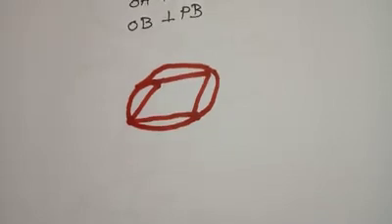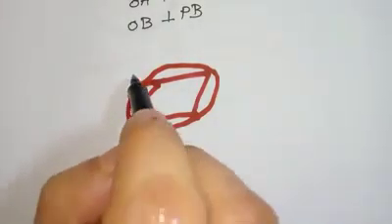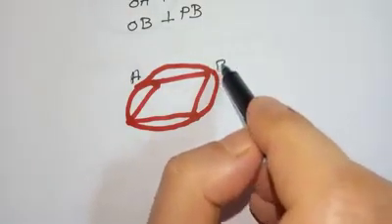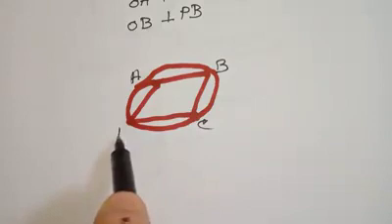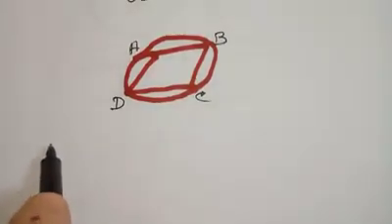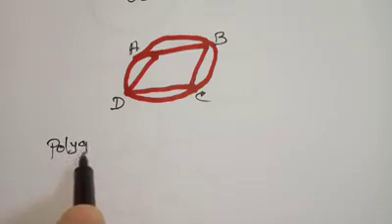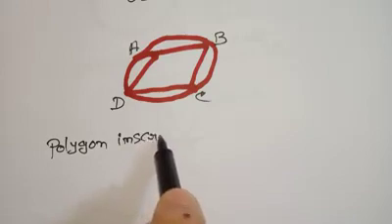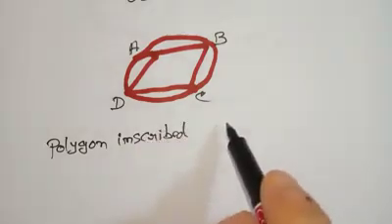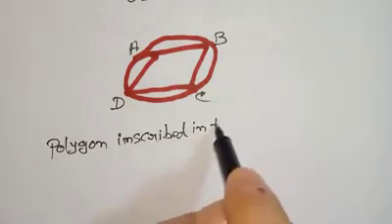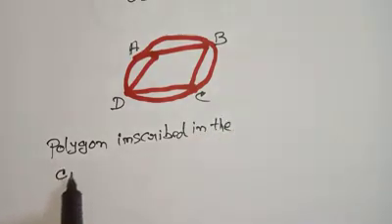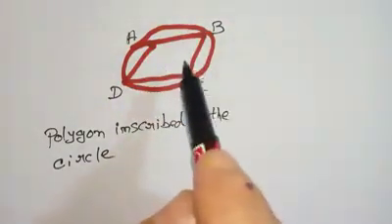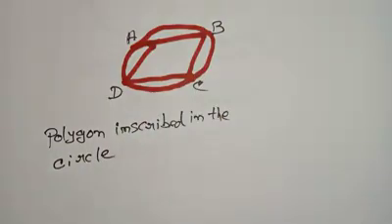Let me name this A, B, C and D. This is a polygon, although it is a quadrilateral, never mind, inscribed in the circle. So this is a polygon inscribed in the circle, and this circle is circumscribed about the polygon.